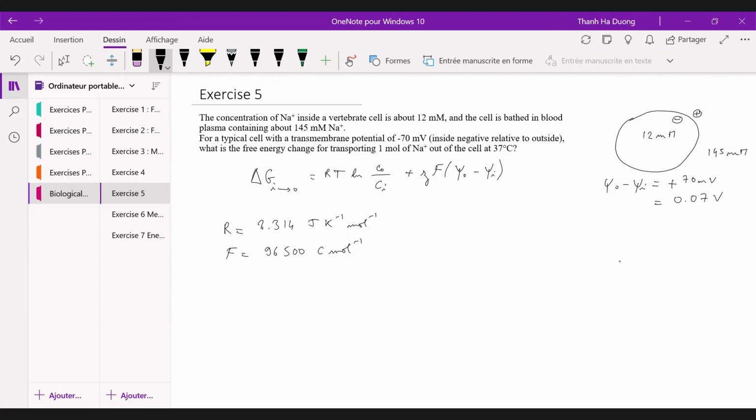The temperature should be in Kelvin. The charge of the molecule will be +1. Okay. Calculate and tell me if it's allowed to transport the sodium from inside to outside.